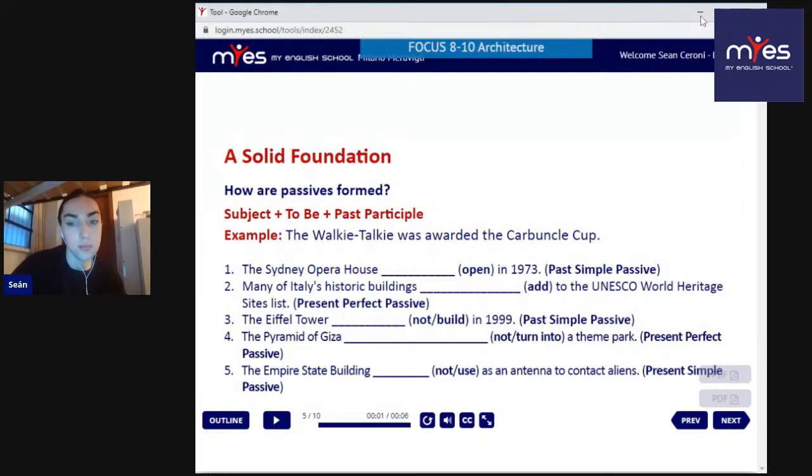Subject, to be, plus past participle. You just have to think of what tense the main verb would be in an active sentence and put to be in that tense. So to be in the tense of the main verb in the active clause.